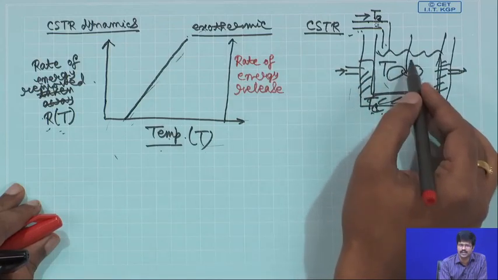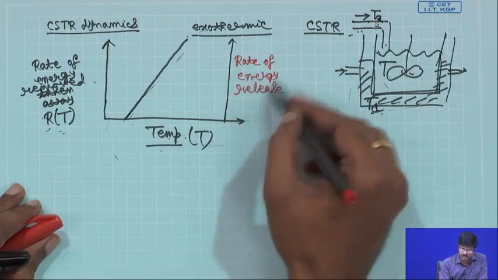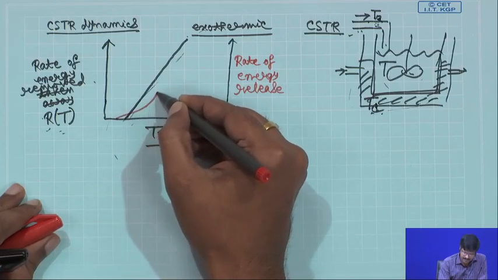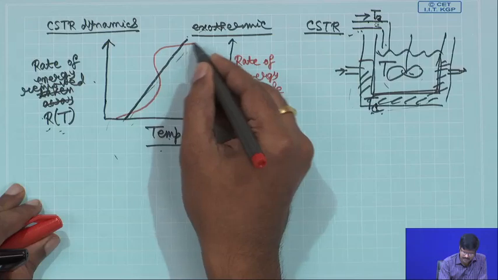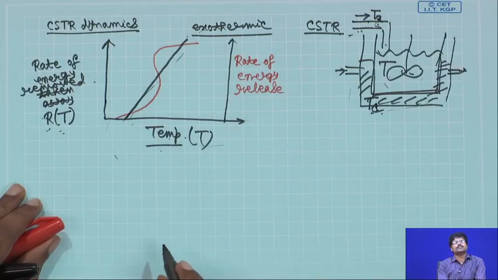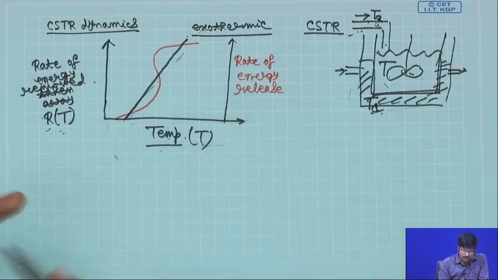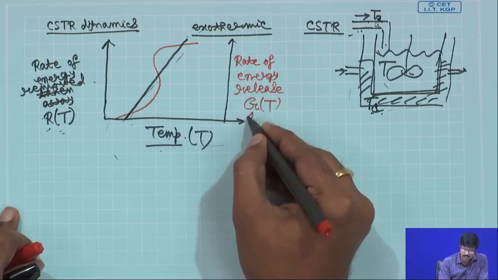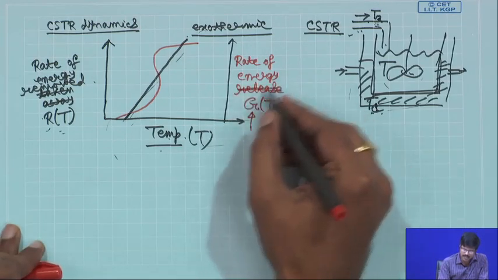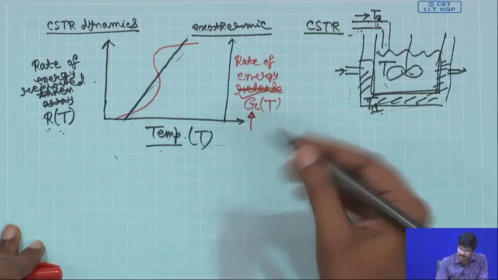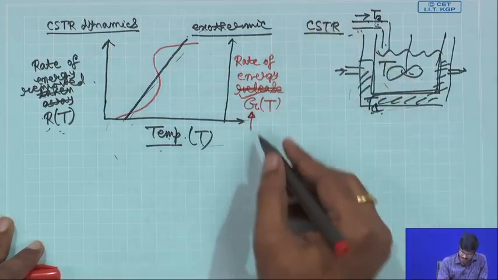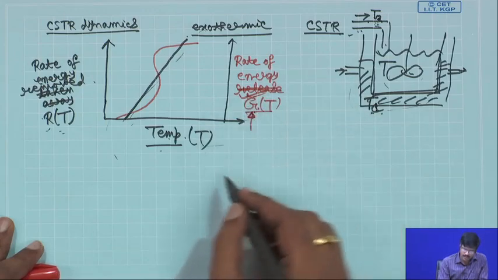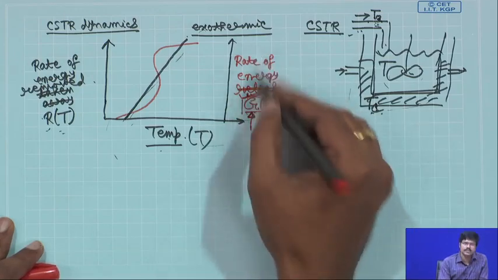So, the temperature will rise if you do not take away the heat. This will be something like this. Let us say that curve is GT, G for generation, the rate of energy release.